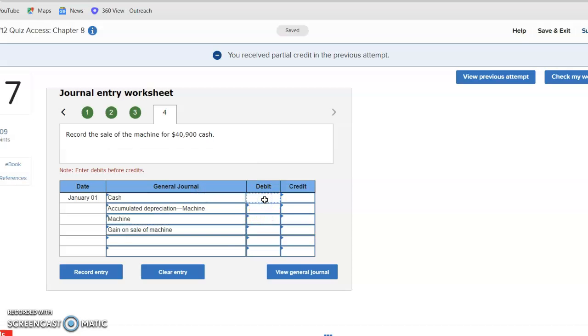So if you remember right, the cash was 40,900. And we debit 94,100. And then the machine was 126,400. And the gain was 8,600.